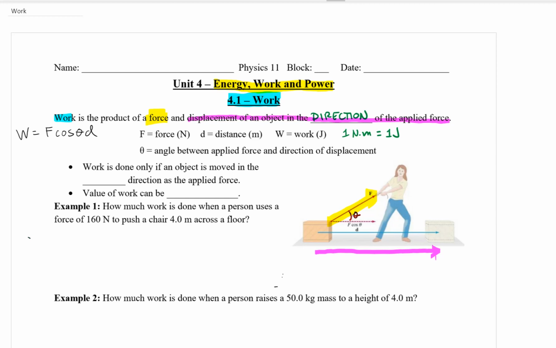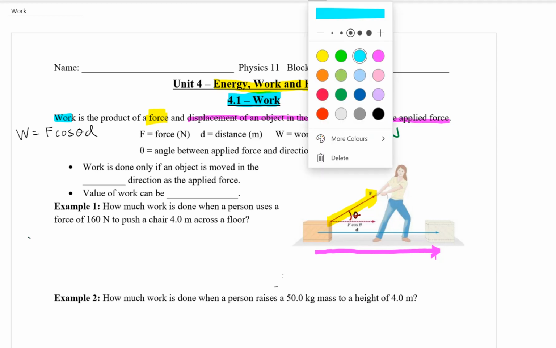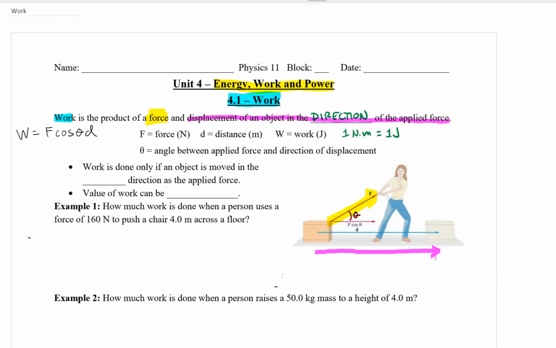Since by definition the force must be in the same direction as the displacement, the work done in moving this object is just due to this particular force component and this displacement. So this particular part of the force is in the direction of your displacement.